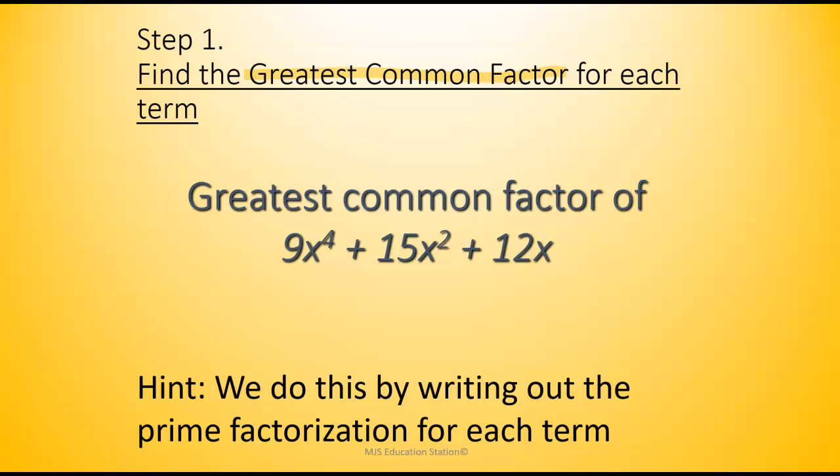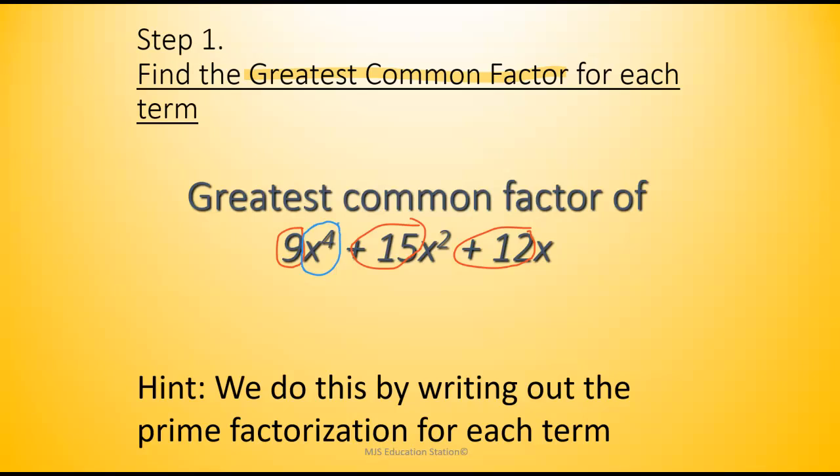We are going to look at every number in these terms, 15, 9, and 12, and say, what is the biggest number that we can divide all three of these terms by?